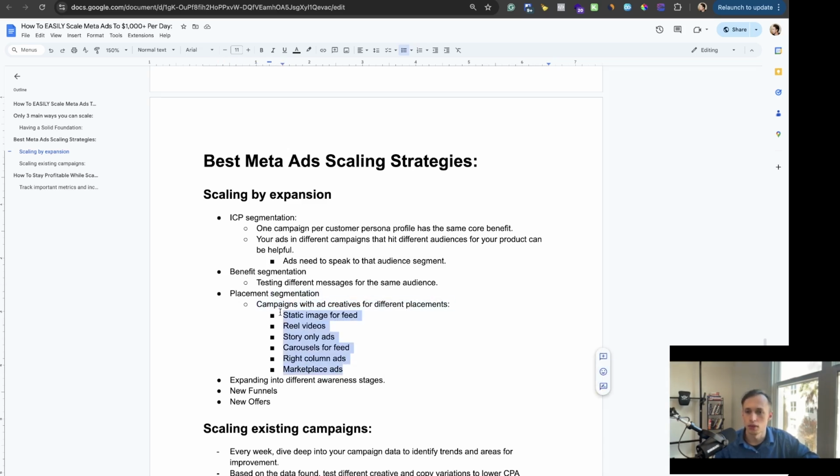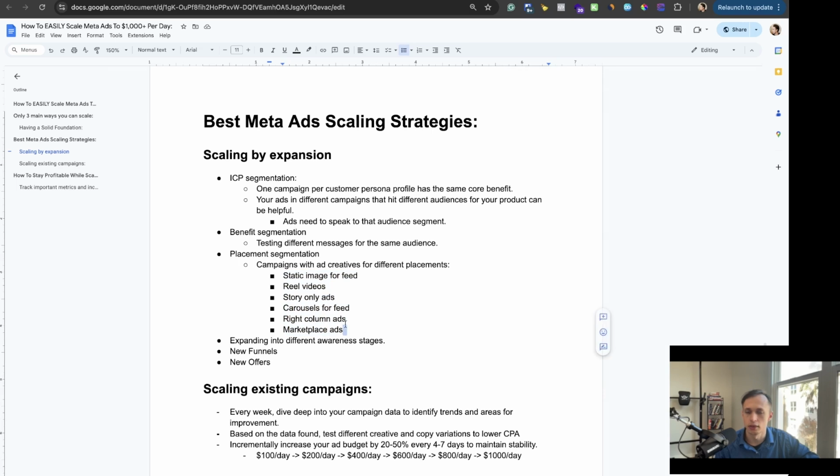So these are all things that can contribute to getting additional scale with ads, once you find a winning offer, a winning message, winning audience. And then the other thing is expanding into different awareness stages. As we talked about ICP, this is kind of the same thing. I would maybe put it in here.